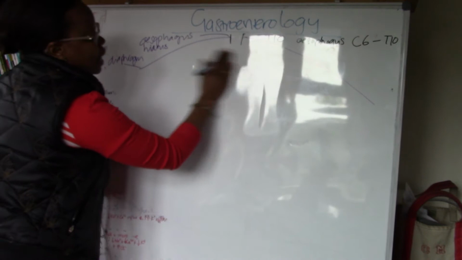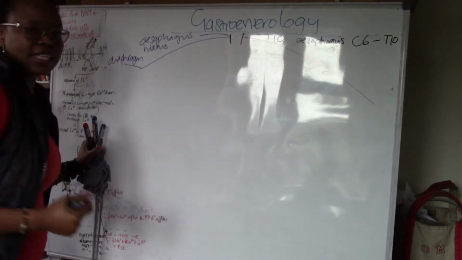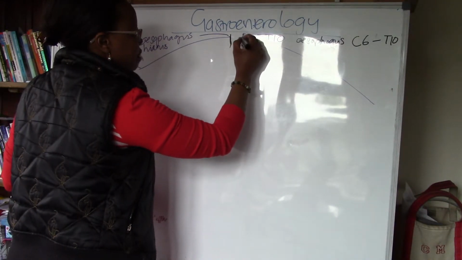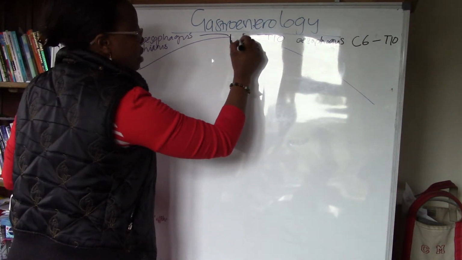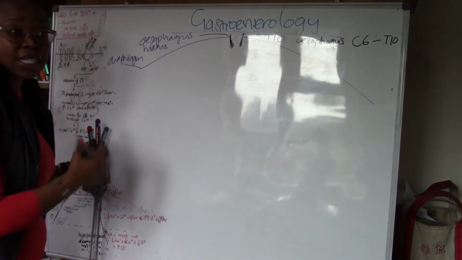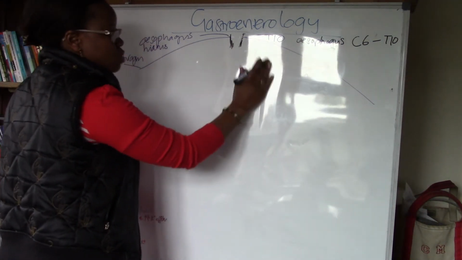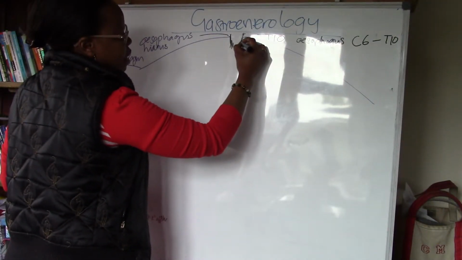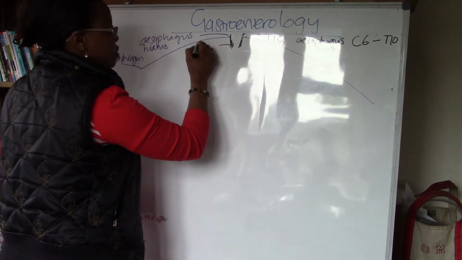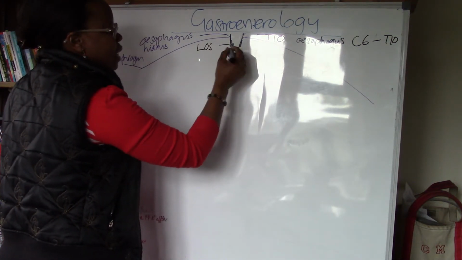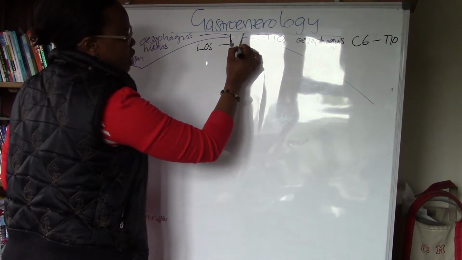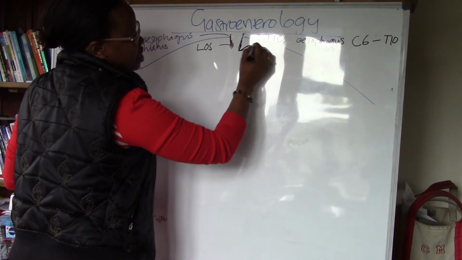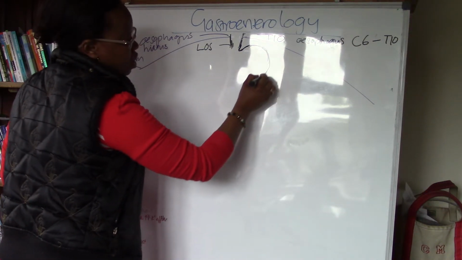As it enters the abdominal cavity at the level of T10, we have the lower esophageal sphincter, which is just a muscle that acts as a valve to stop the contents of the stomach regurgitating back into the esophagus. That leads to the stomach, which is described as a J-shaped organ.